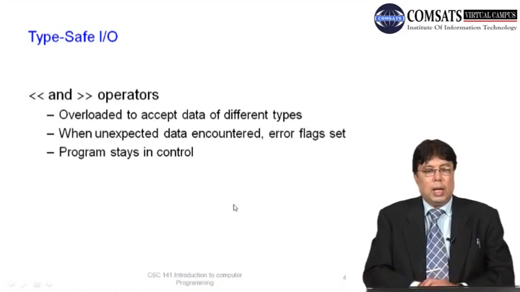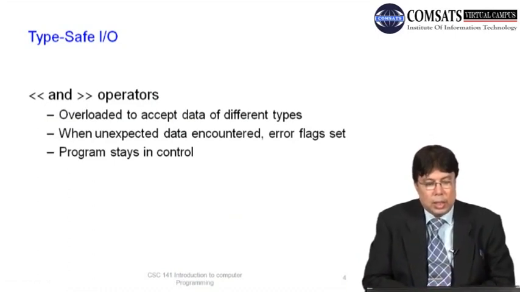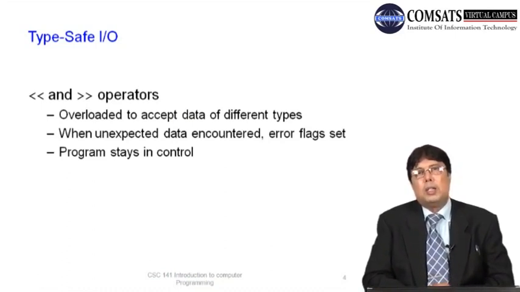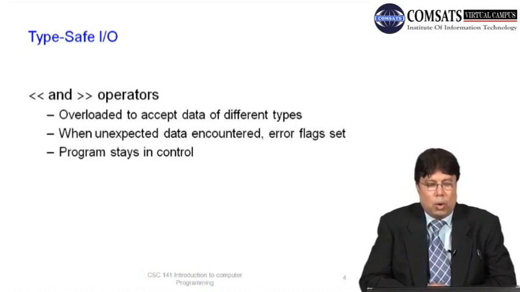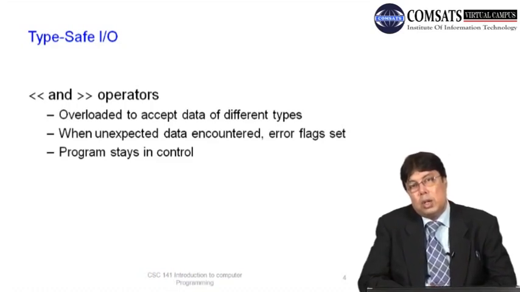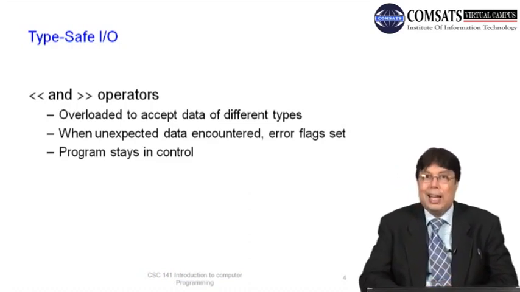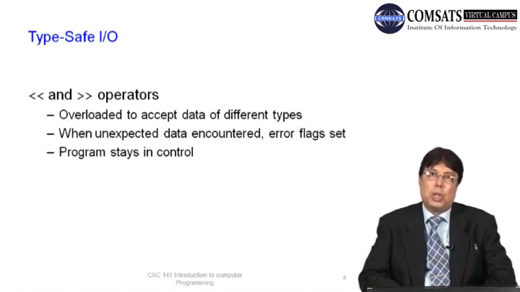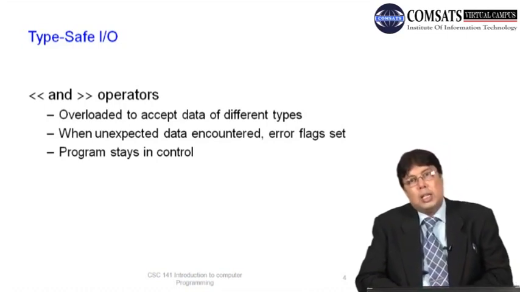Type safe IO is overloaded to accept data of different types. What does it mean? It means that if you are not sure what type of input is going to be entered, whether a character input, a float input, or a double input, or even if you are using characters, for that purpose you can use a type safe option, and the program stays in control.